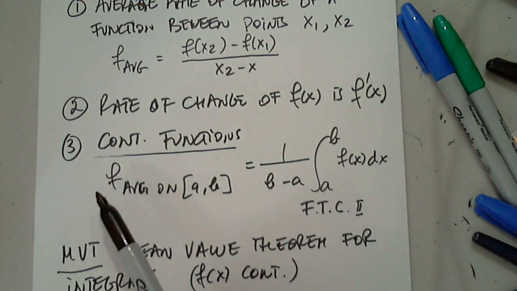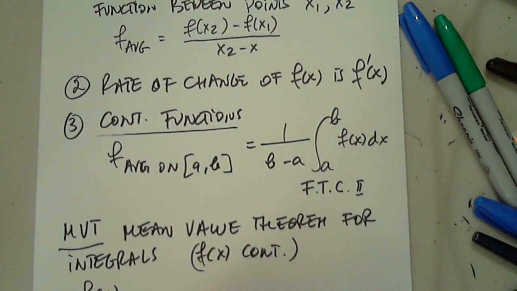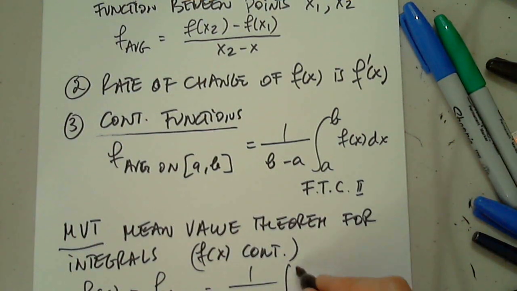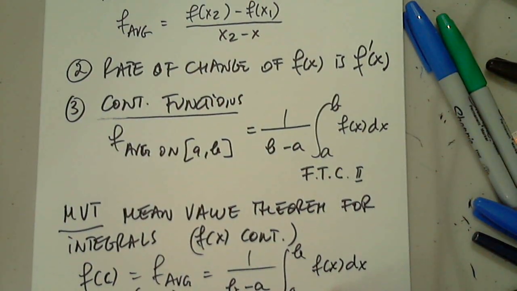So there must be a value c in the open interval a comma b such that f of c equals f average, which is 1 over b minus a, the integral from a to b of f of x dx. If we cross multiply, this means that f of a particular number in that interval multiplied by b minus a must equal the integral from a to b of f of x dx.